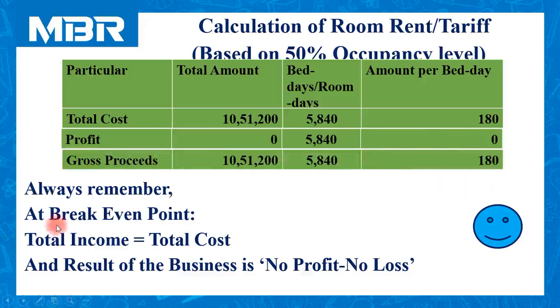And gross proceeds or rent or revenue or income is also 10,51,200 in total and rupees 180 per bed day or per room day, because we have to calculate rent or tariff at break even without addition of any profit. This is a little bit technical with the blend of the understanding of break even point in operating costing.